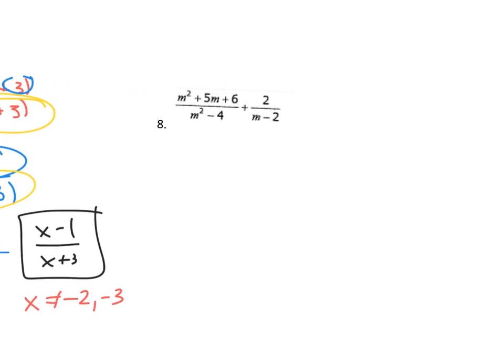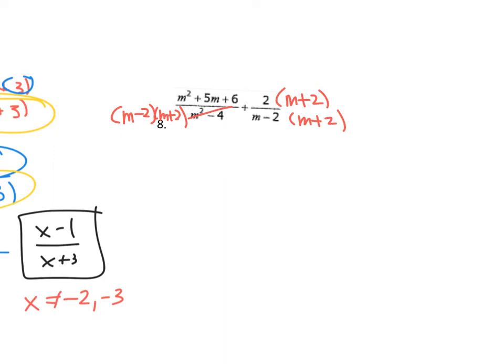Okay, and then over here, I'm looking at this, and I could factor this into m minus 2, m plus 2. So what that means is this left side needs an m plus 2.